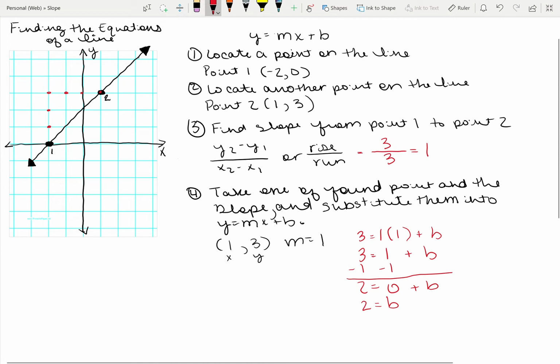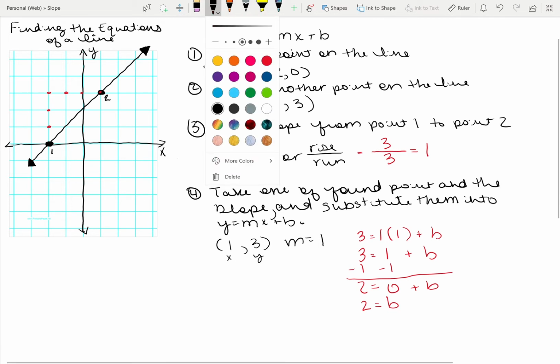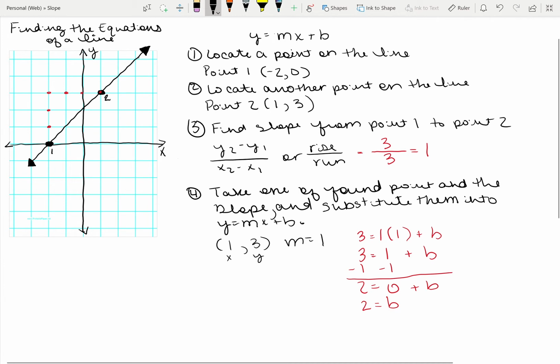Now, since we have b and we have slope, I'm able to substitute the slope and the y-intercept into the slope-intercept form to find the equation. So number 5 is substitute b and m into y is equal to mx plus b.